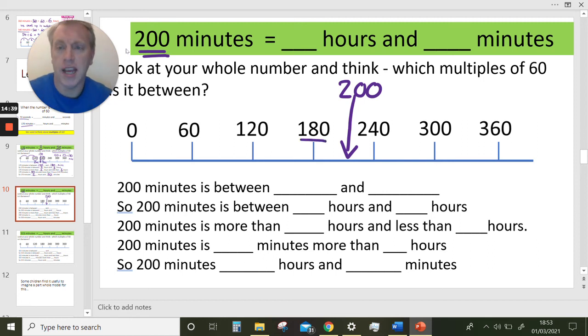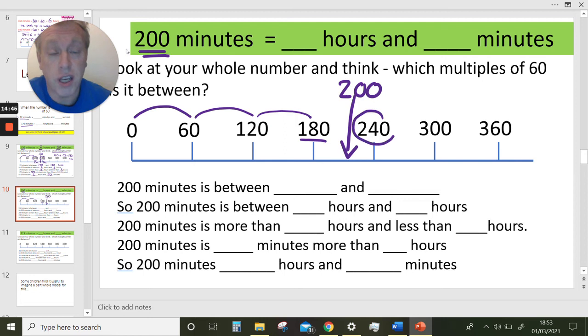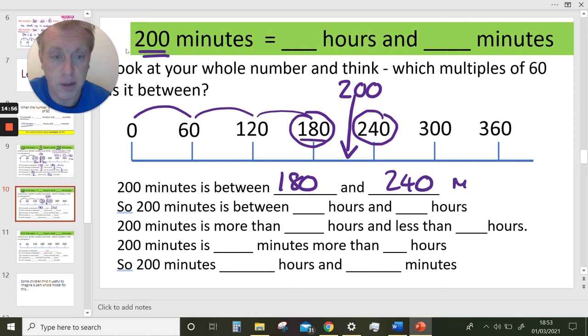Counting up, I counted 60, 120, 180, but 240 is more than the minutes I've got. So 200 is between 180 minutes, that's 3 hours, and 240 minutes, which is 4 hours.